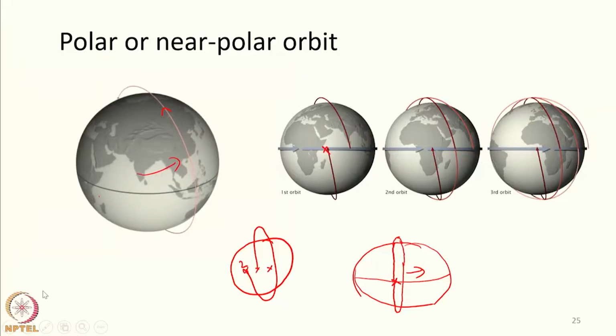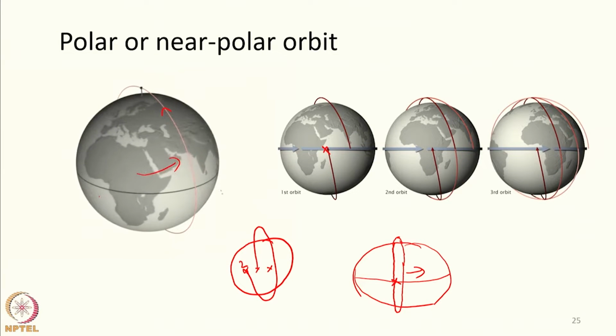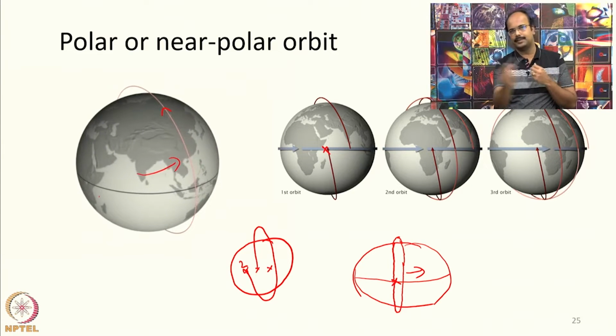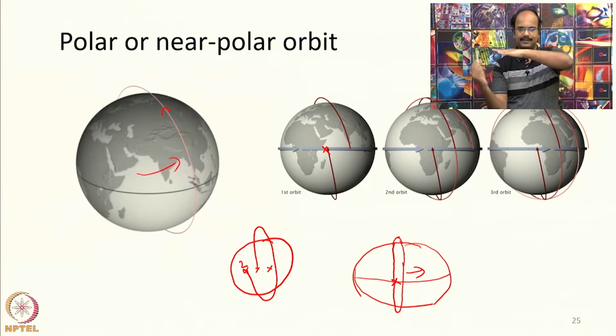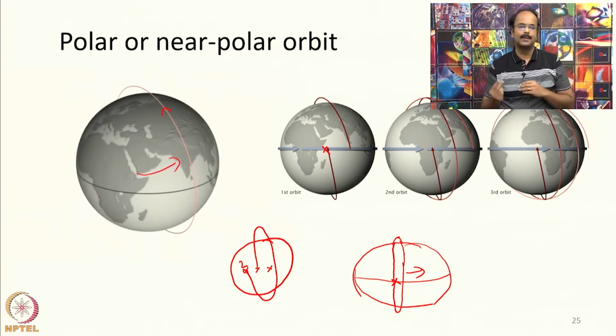Just look at this animation in the previous slide. Here you can see the orbit appearing fixed in space and Earth is moving. Normally we think that will happen, say geostationary orbits are fixed orbits. It will be fixed, Earth will be moving around it, that is all.